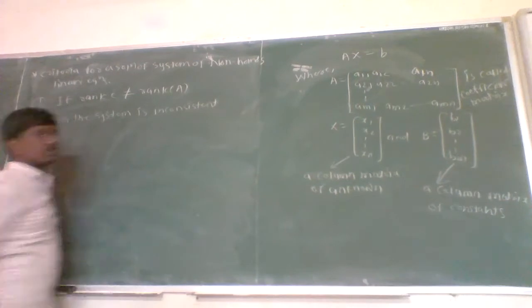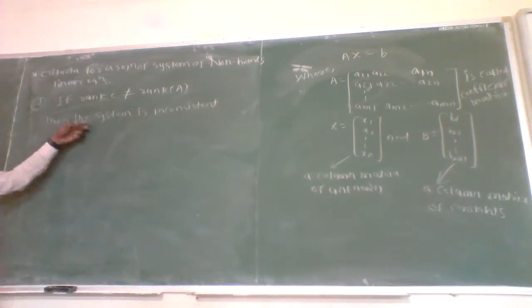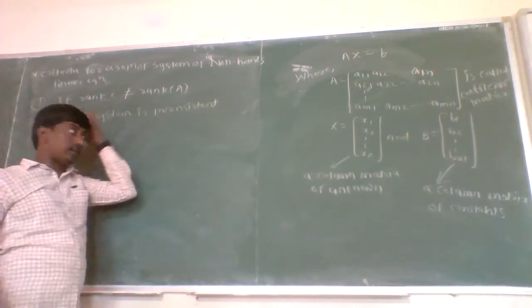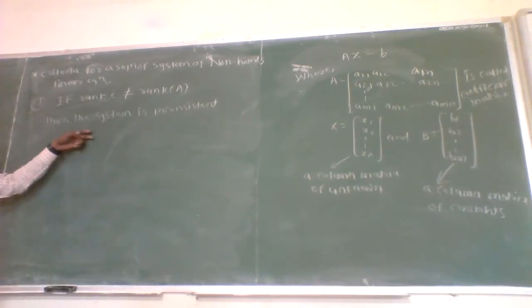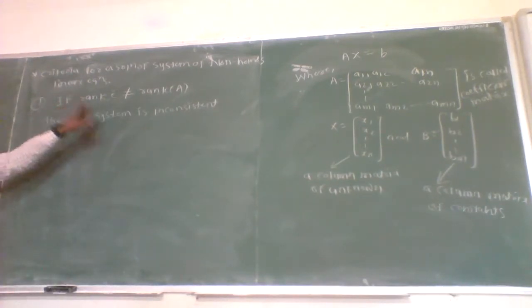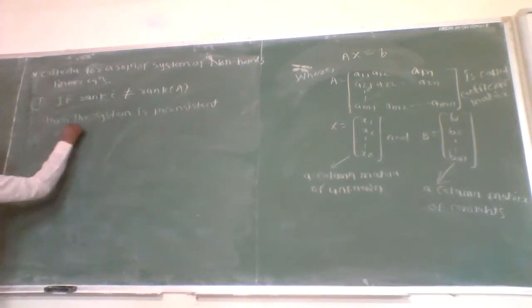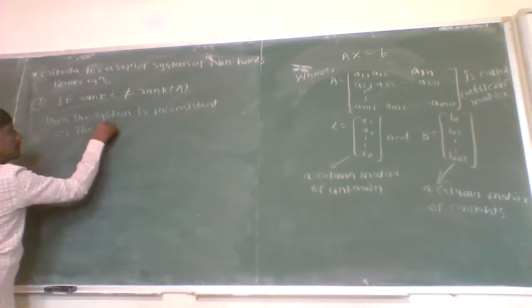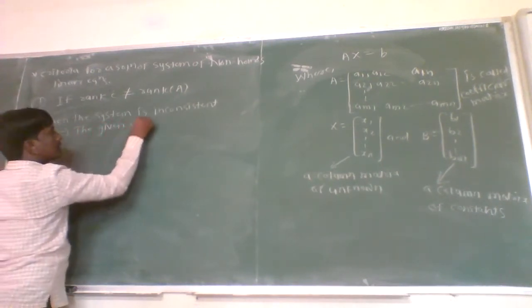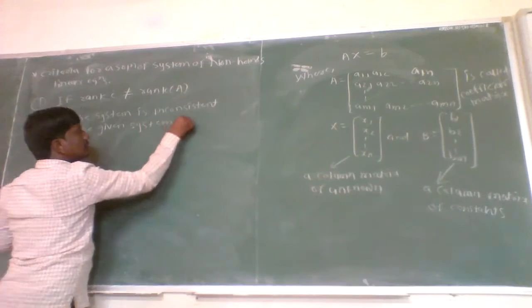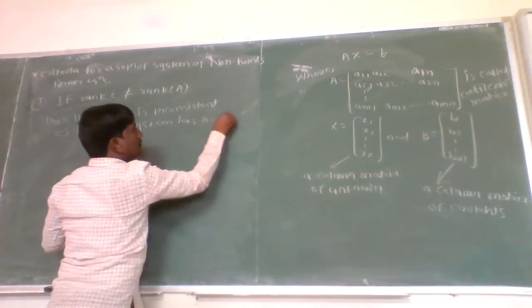As the system is inconsistent, then by the definition of an inconsistent system of equations, the given system has no solutions. Okay.